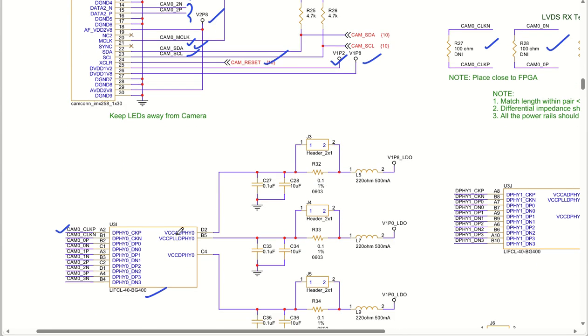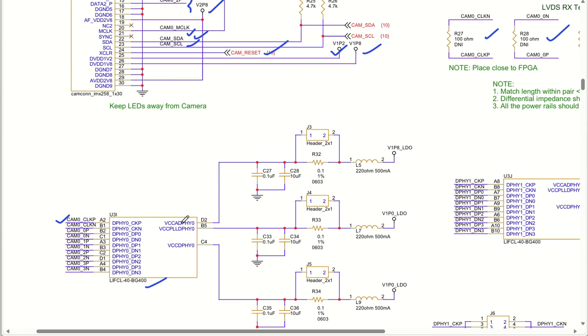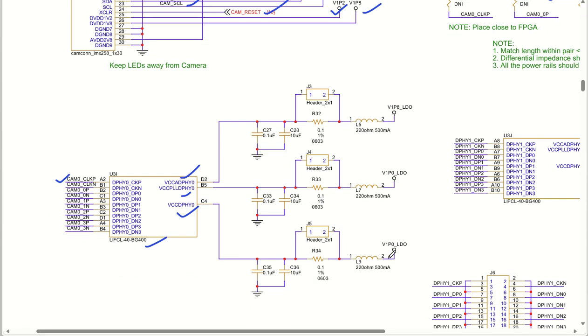Similar to that, we have the power supply for D5 and PLL, as well as the VCC power supply. You can see all the power supply for the camera module comes from LDOs. The reason behind this separate power supply for this module is to avoid any noise entering the camera module or camera sections.